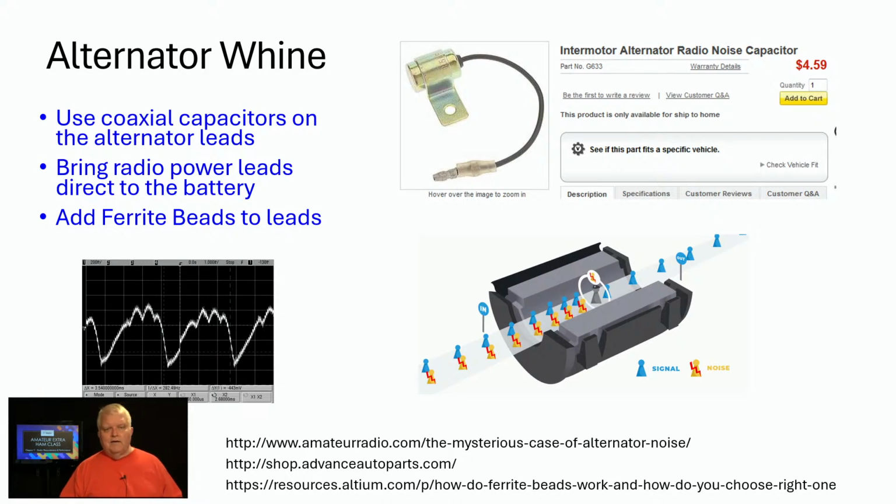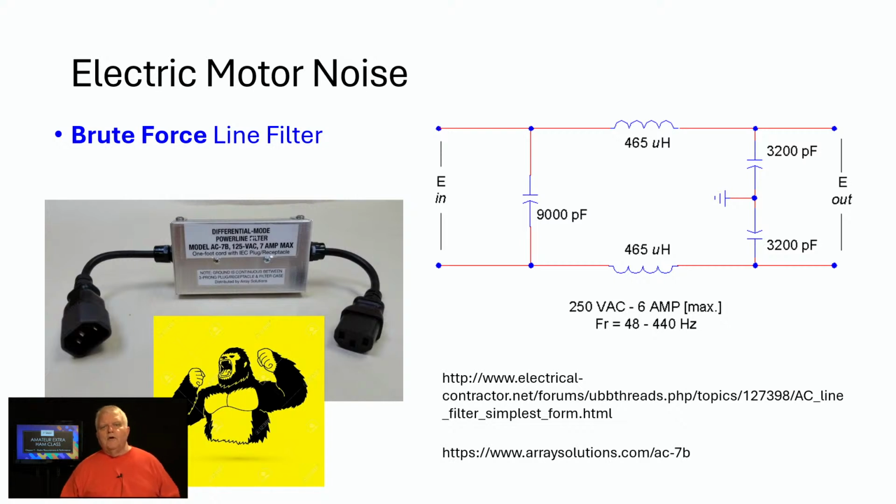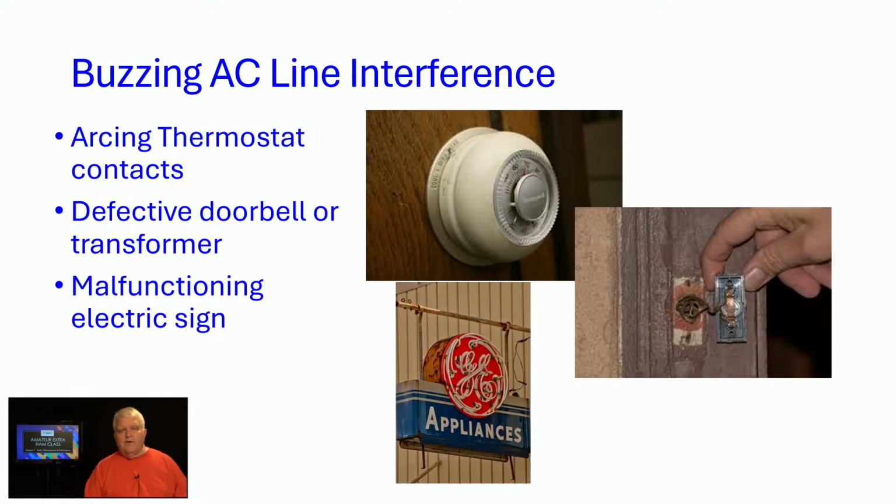And if you've got in your house, for example, a big AC motor, and you find that it's generating noise, brute force line filters: capacitors and inductors in series with the power circuit will help eliminate noise from motor circuits.